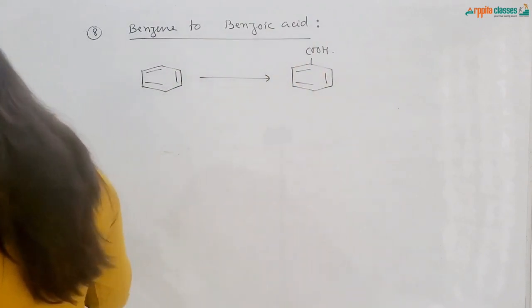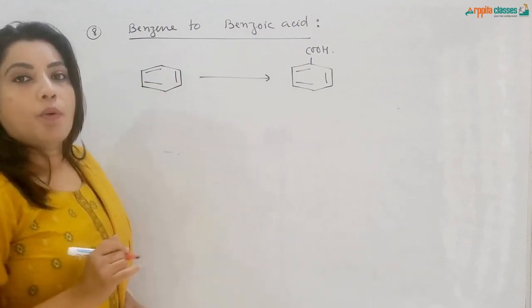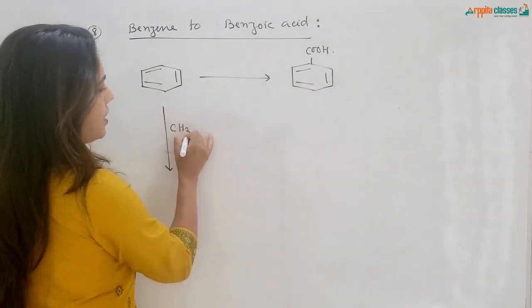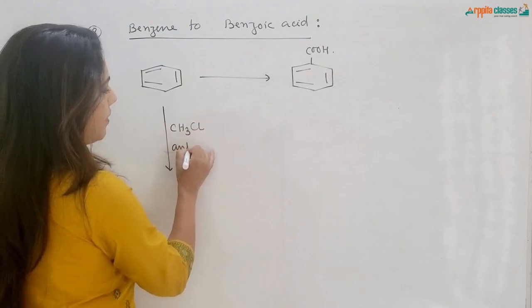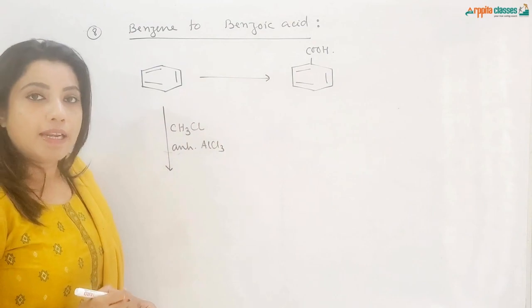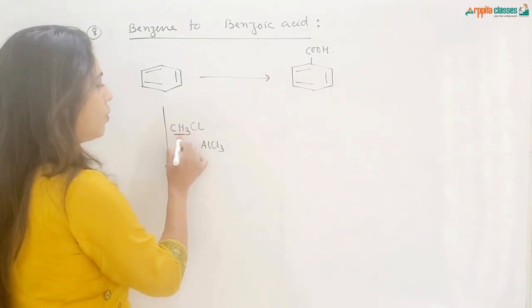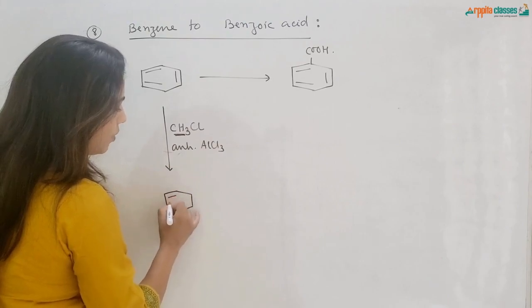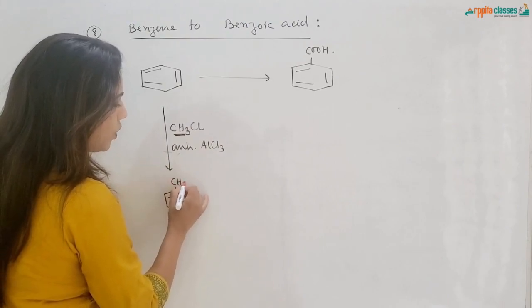Now, if benzene is treated with CH3Cl in presence of anhydrous AlCl3, this is called Friedel-Crafts alkylation reaction, where this alkyl group will get attached to the benzene ring. So, when this methyl group gets attached to the benzene ring, we get toluene.